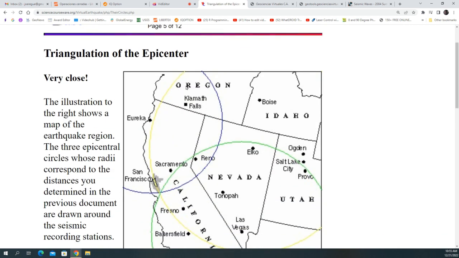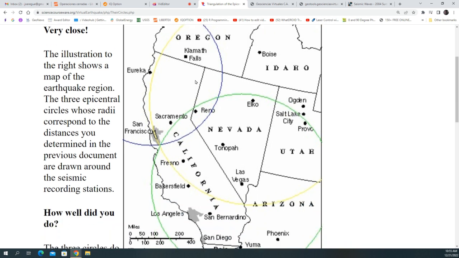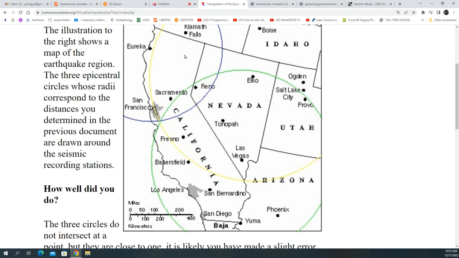Okay? Why? Because there is a circle with a given radius, but where all those circles collide, converge, that should be the place where the earthquake occurred, and we call that the epicenter. Okay? So these are the three distances given: the Eureka radius, the Elko, and the Las Vegas circles, and they all should converge to this point.